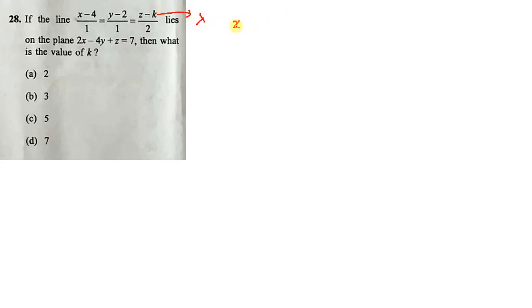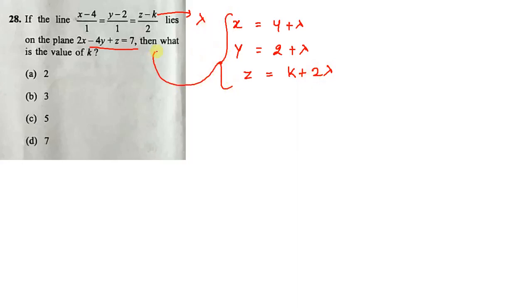The x coordinate of the intersection point of this line and this plane is 4 plus lambda, the y coordinate is nothing but 2 plus lambda, and the z coordinate is nothing but k plus 2 lambda. This is the coordinate of the intersection point, so it will also satisfy the equation of the plane.